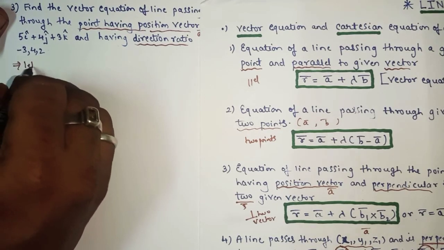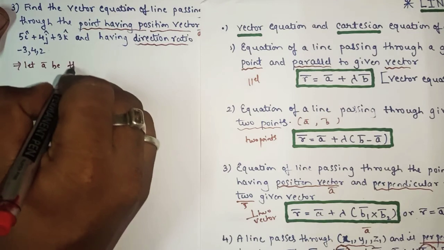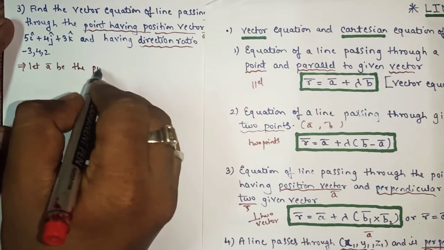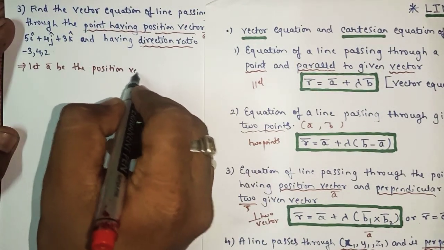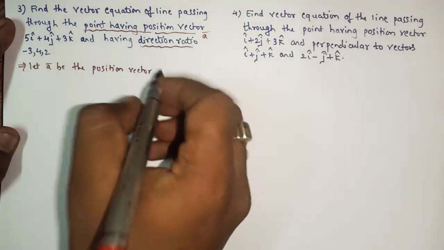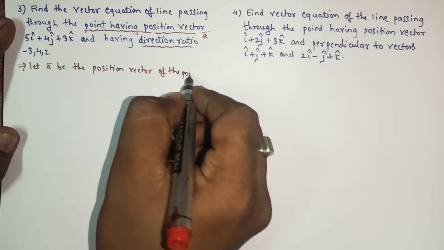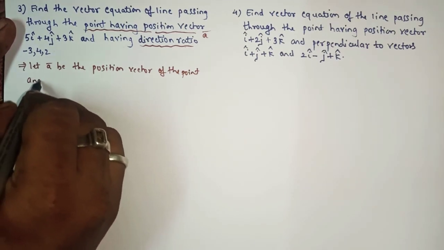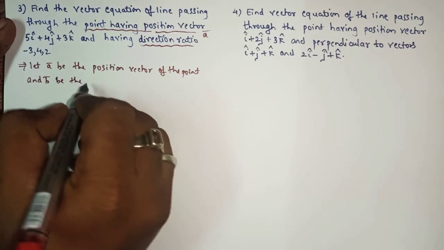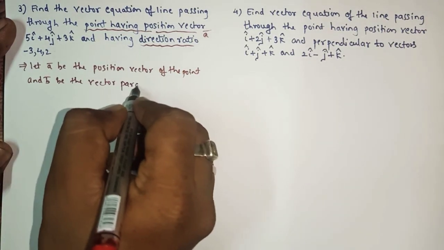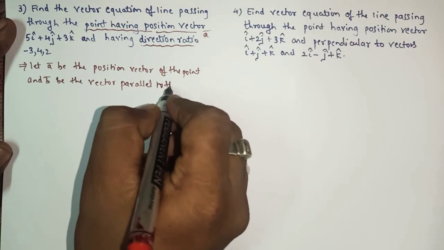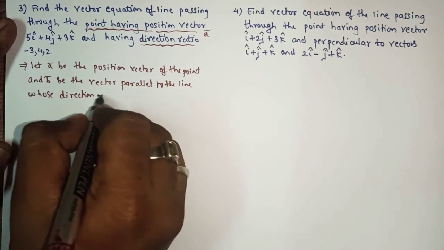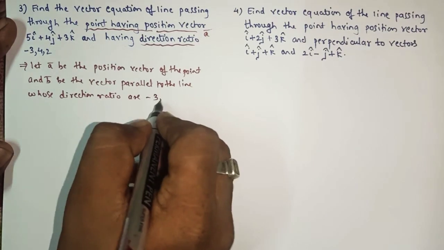So let A bar be the position vector of the point and B bar be the vector parallel to the line whose direction ratios are minus 3, 4, 2.